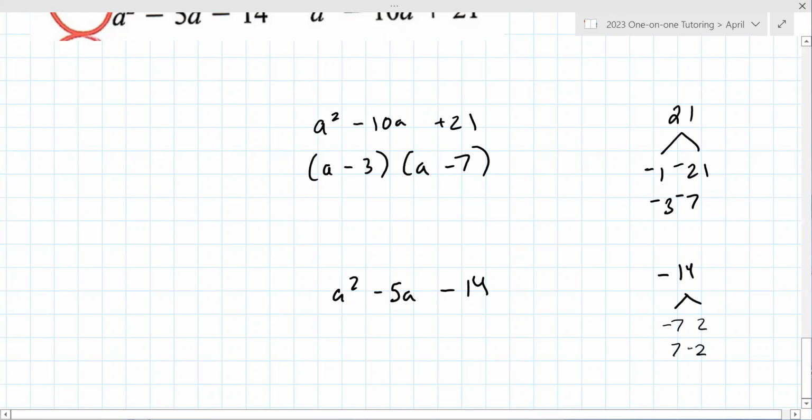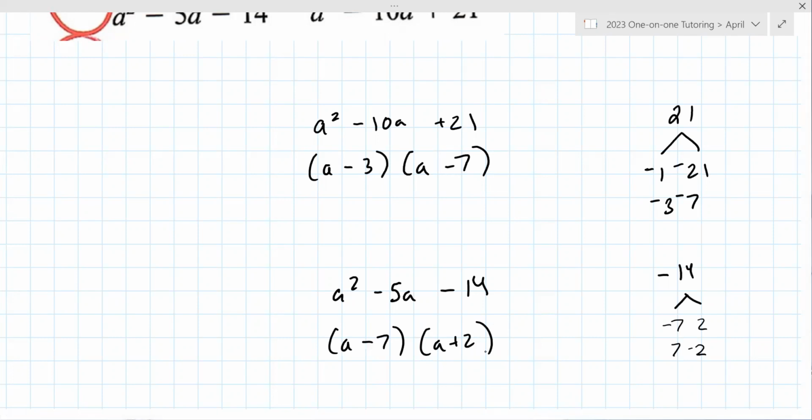But do either of these add up to -5? Yeah, -7 and 2. So it becomes a minus 7, a plus 2. Is that okay?